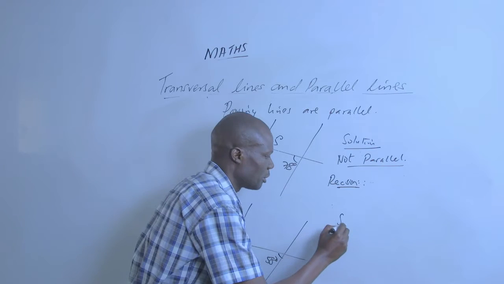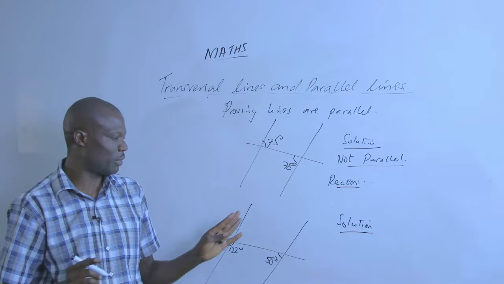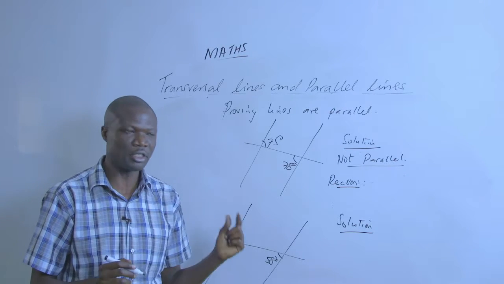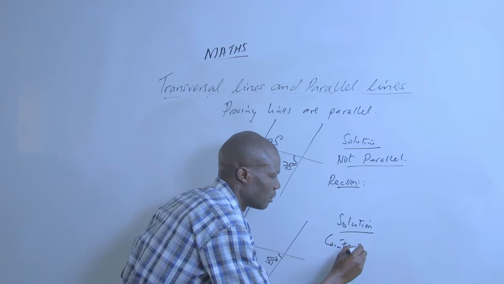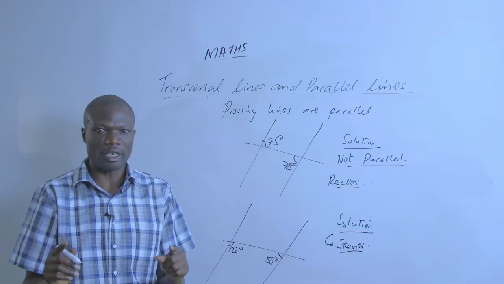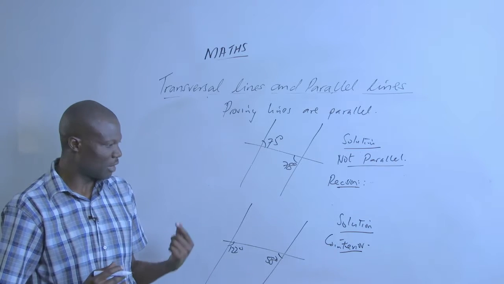Our solution, we first identify that the two angles are co-interior. Then the second one, we prove what is the relationship between these two angles.